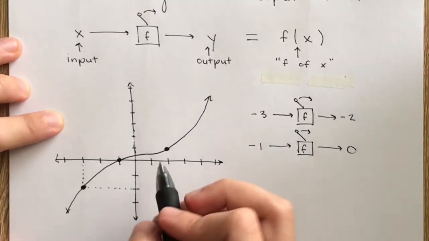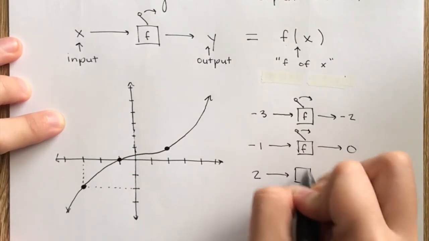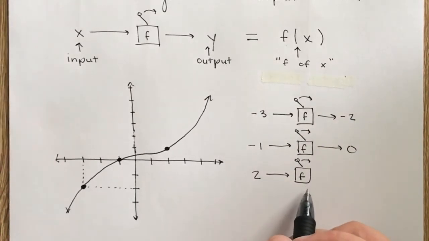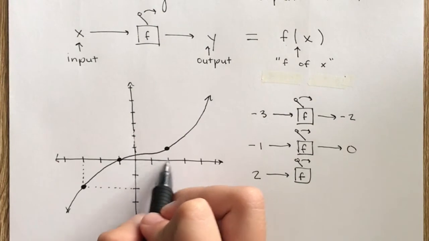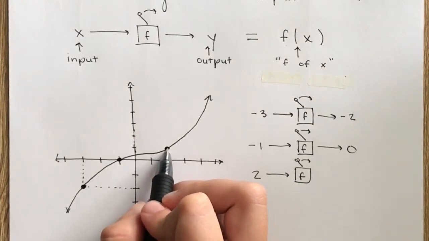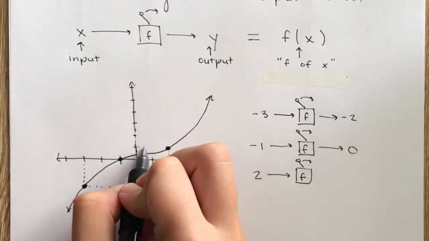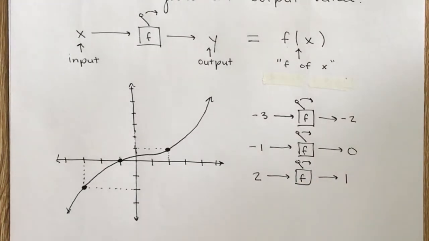All right, why don't y'all do 2? What do we get when we plug 2 into f? Well, x is 2. We look at y. Y is 1. So f gave us 1.